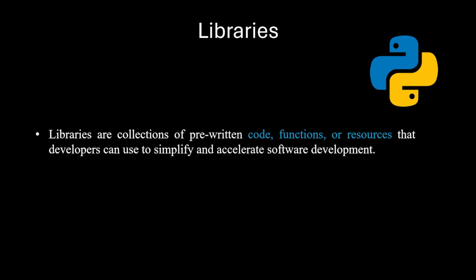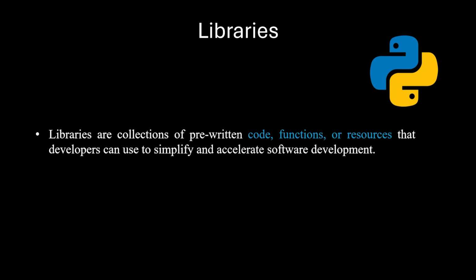So first, what are libraries? Libraries are essential tools in software development consisting of pre-written code, functions, or resources that developers can leverage to streamline and accelerate the creation of applications.